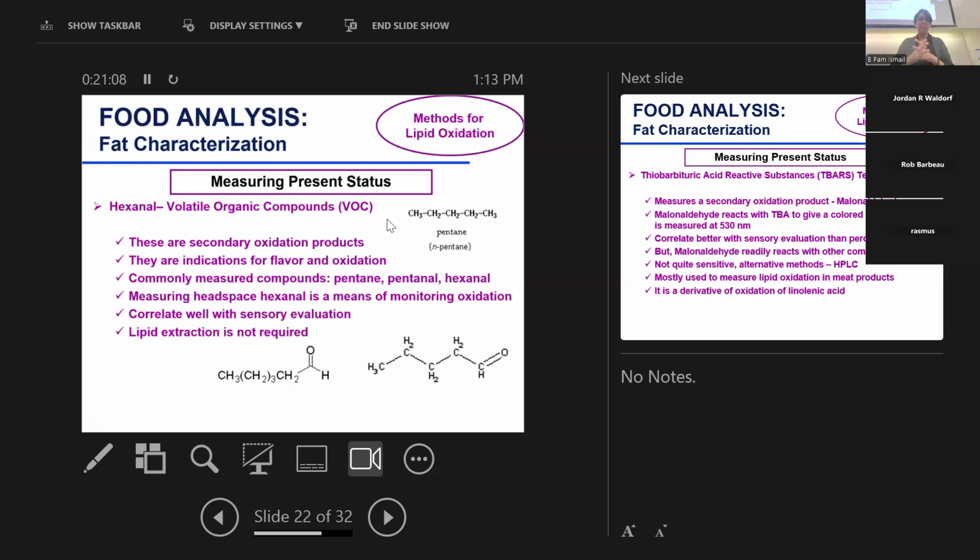No sample prep. As long as you equilibrate the sample and allow those volatiles to be in the headspace. The headspace is the space above the sample within a closed tube. Okay.